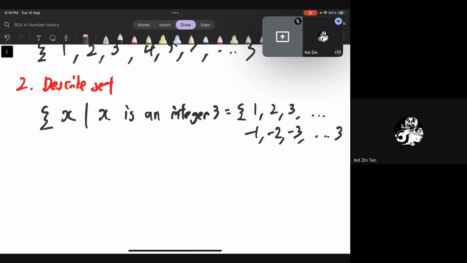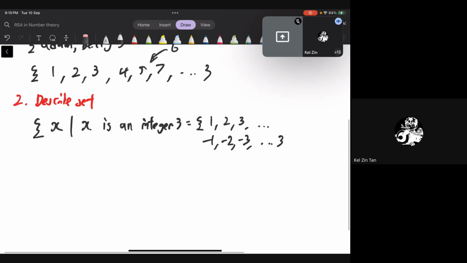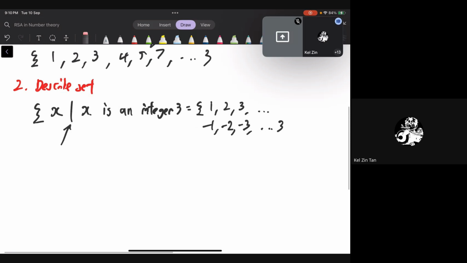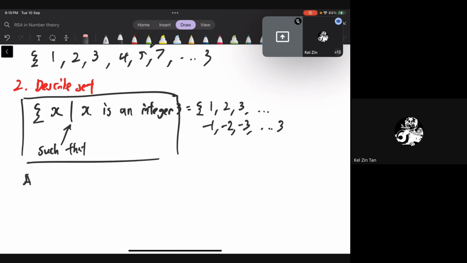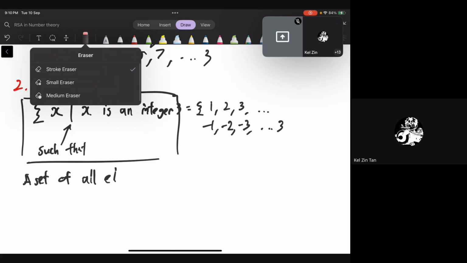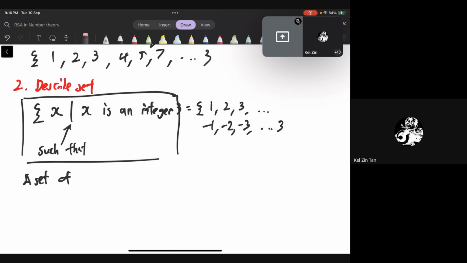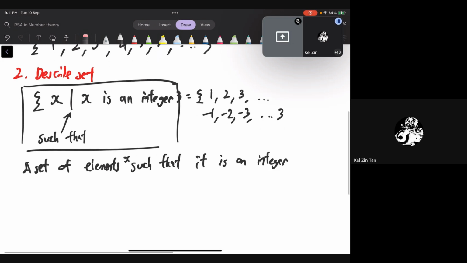The straight line here basically means such that. So you read this as: the set of all elements X such that it is an integer. It's a very easy way to describe stuff.